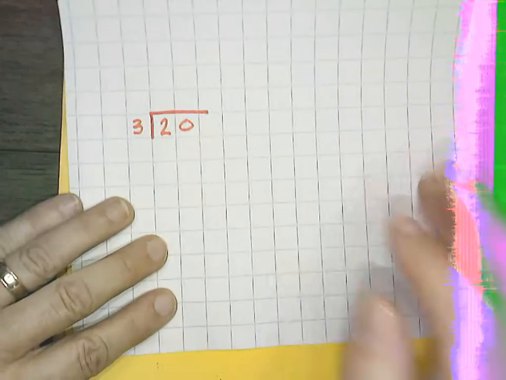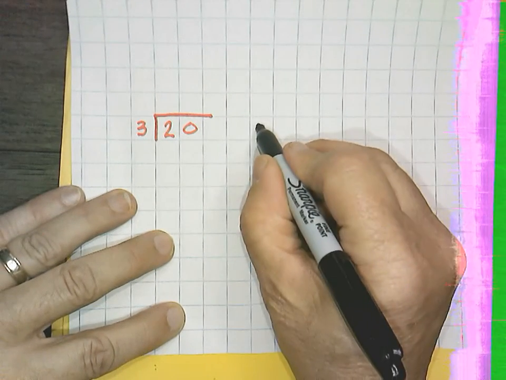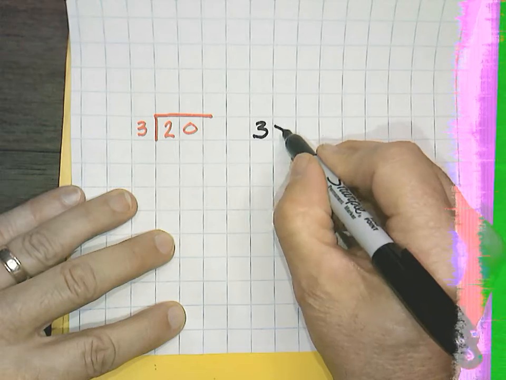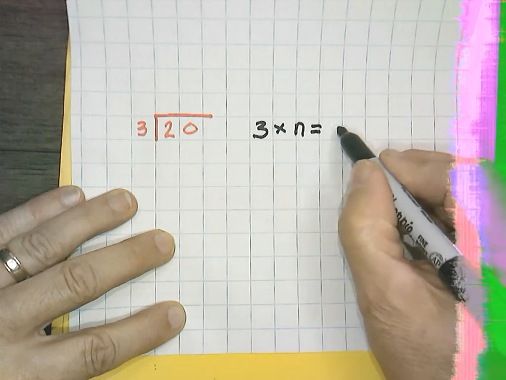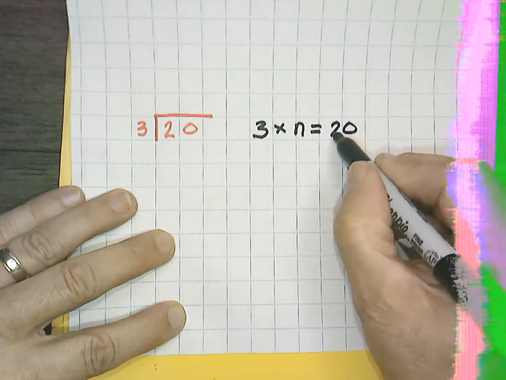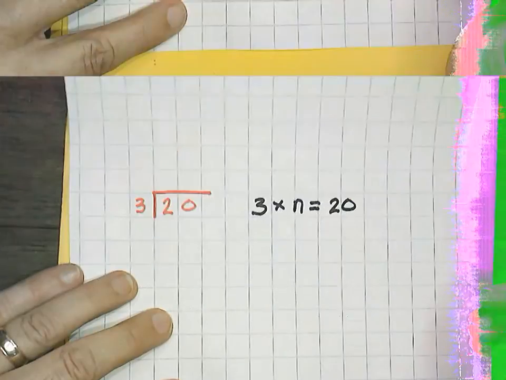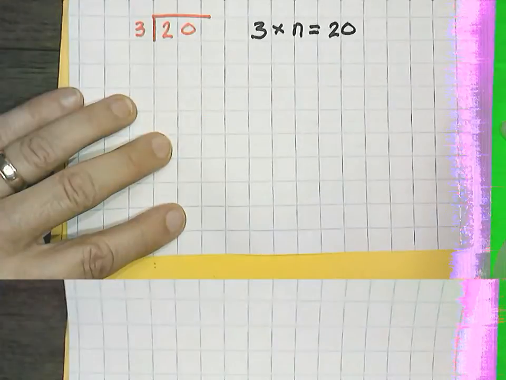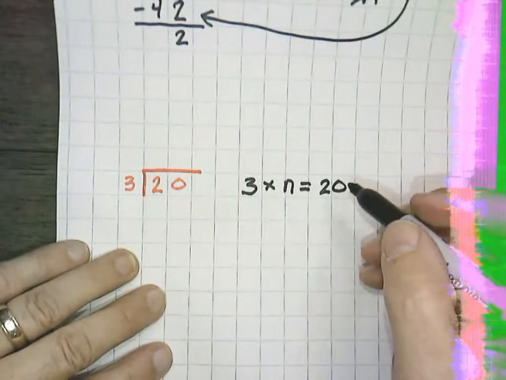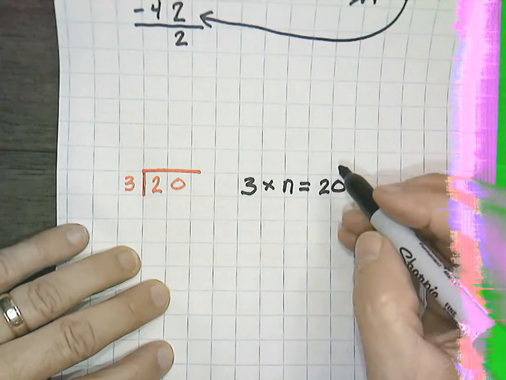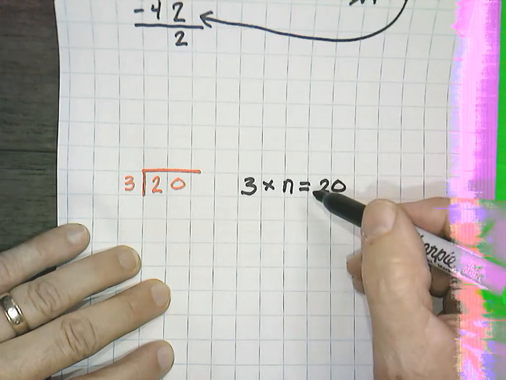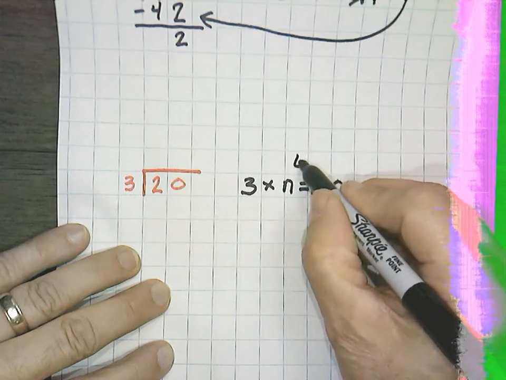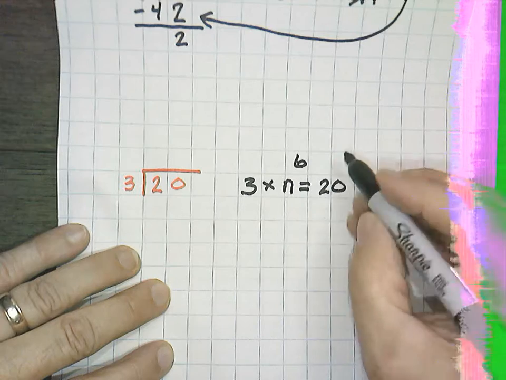20 divided by 3. 3 times n equals 20. If you use your multiplication facts, that would be 3 times 6, but it does not equal 20.